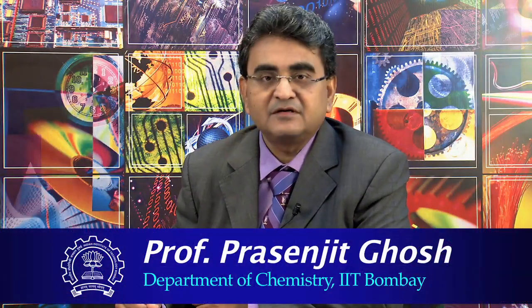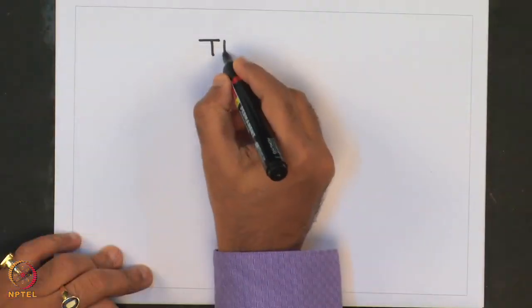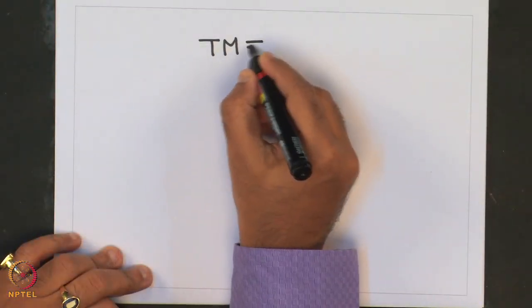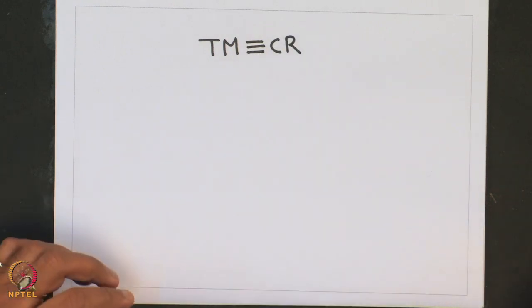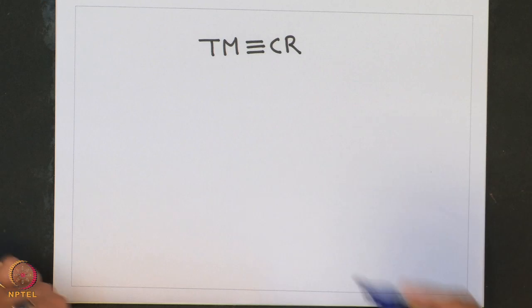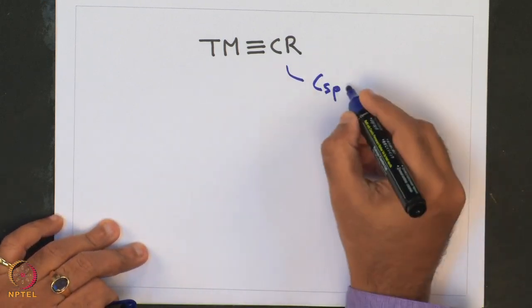We have been covering a very important topic in the last two lectures, that is, transition metal carbyne complexes. These transition metal carbyne complexes are transition metal bonded to a CR moiety, where the carbon is sp hybridized and multiply bonded.